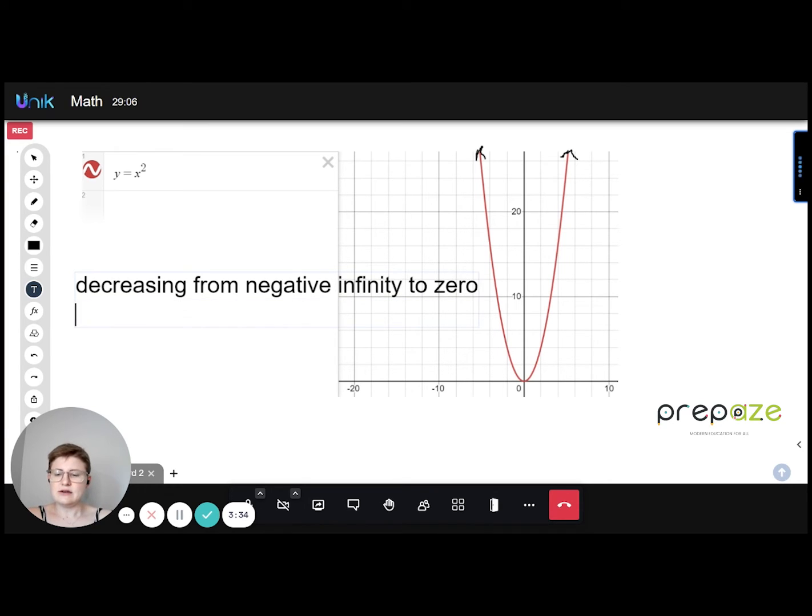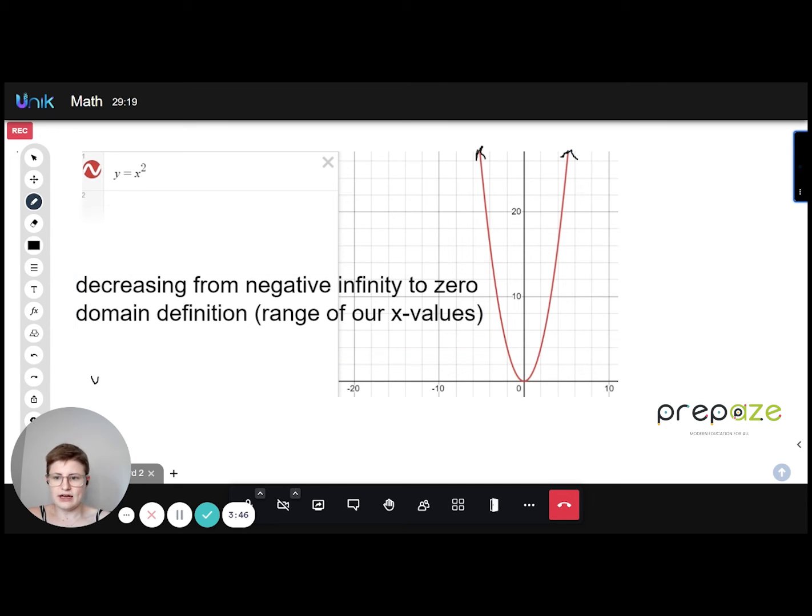And this is based off of the domain definition, or the range of our x values. Another way to write that is our function, y, is decreasing from x being in between negative infinity, we can't be equal to negative infinity because it's infinity, and 0.